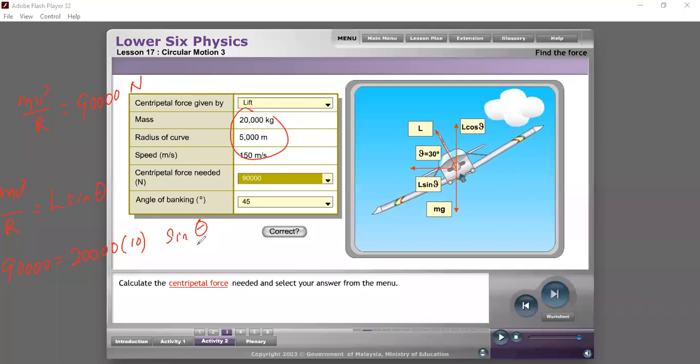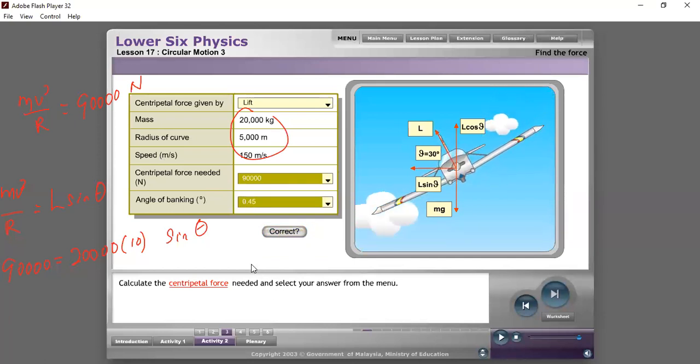So sin delta equal to how much? So that means it will be 90,000 divided by 20,000 divided by 10. Let's say I use 10 now. So this means that sin delta should be 0.45.